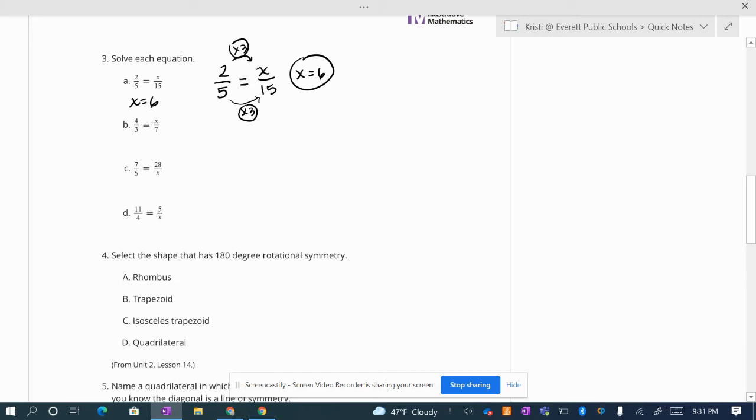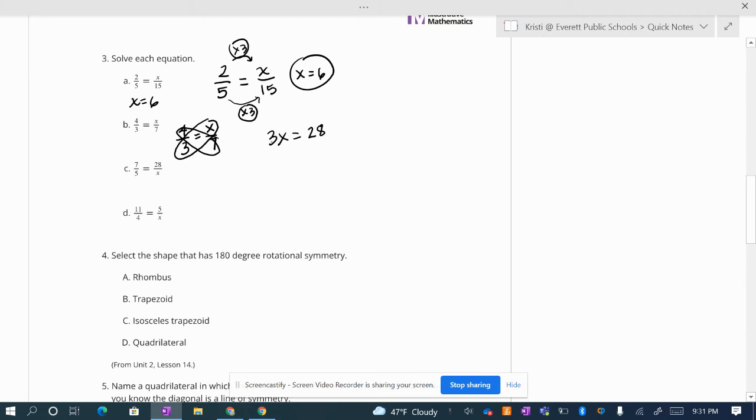For the second one, not so friendly, because there's not a nice multiplier that makes 3 to 7. And remember, we're looking for a multiplier. So here you can use cross products then. We know that 3 times x needs to equal 7 times 4. 7 times 4 is 28.